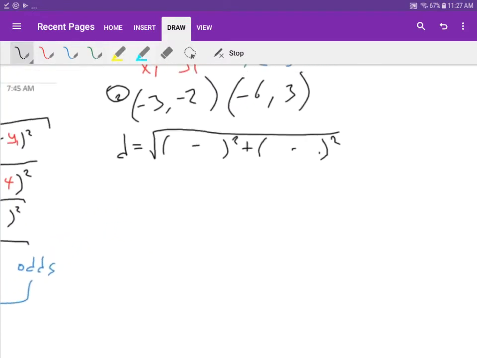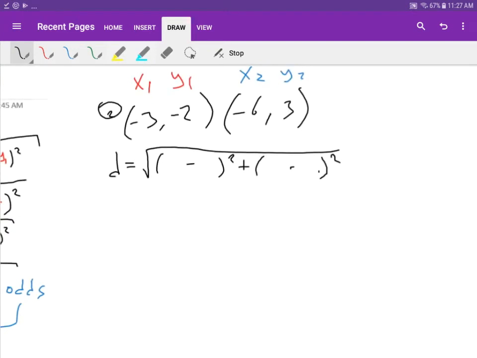Okay. I'm going to go over here, and then I'll zoom out so I can leave everything up here for you. So same formula. What is the formula? Let's start with the blue. X2 minus X1. Then you have Y2 minus Y1.